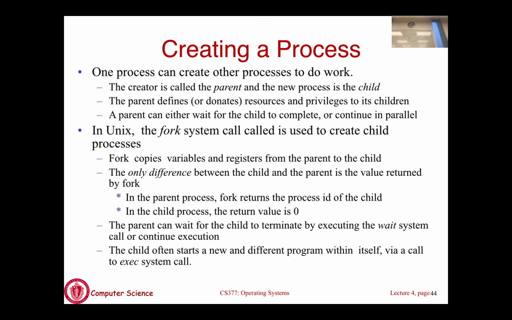There's a parent-child relationship between processes in the system. Every process has a parent. The parent may have terminated, but when it got created, it had a parent. So the question is, how does a process create another process?